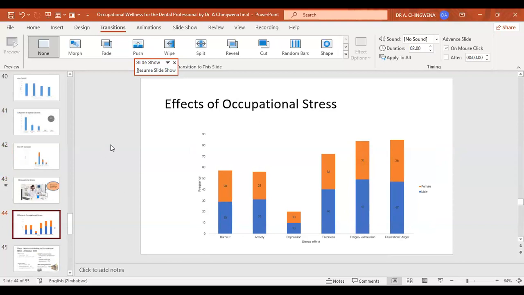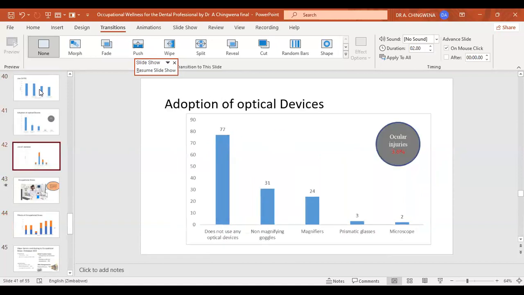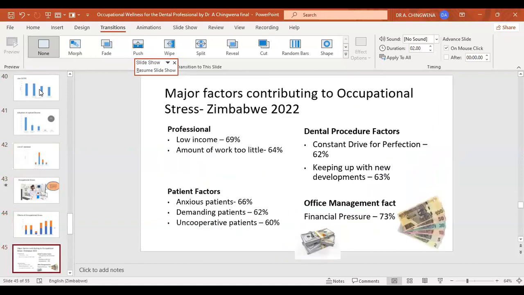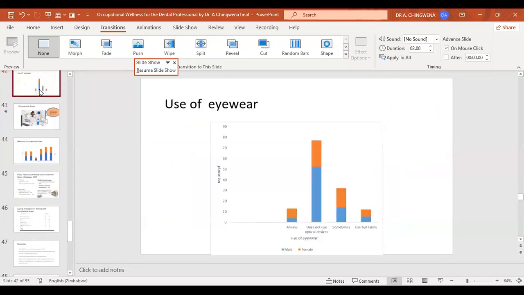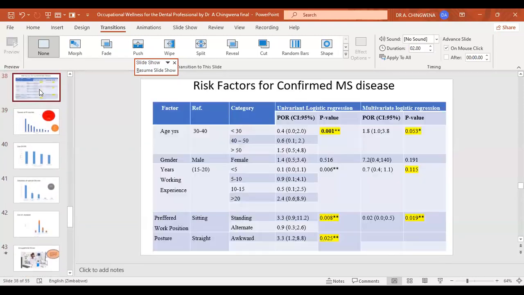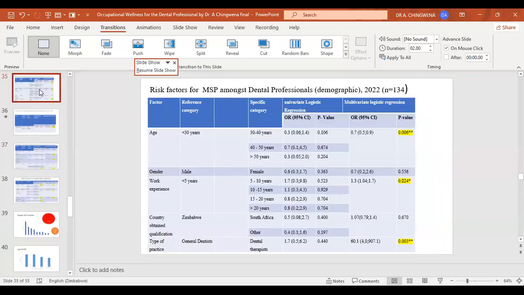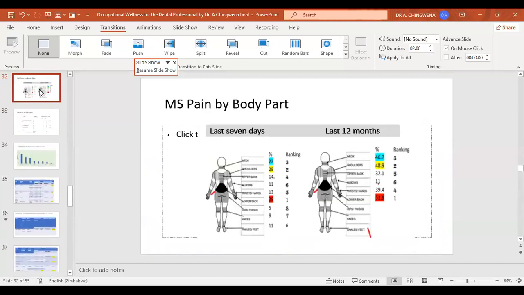So I'm not too sure what the level of training in ergonomics is in those spaces. I think that would perhaps be a response to that particular aspect.